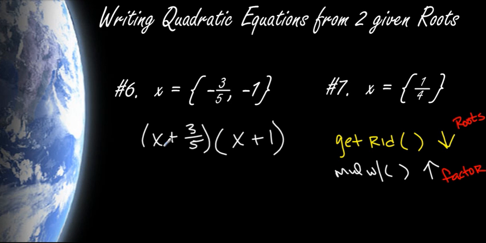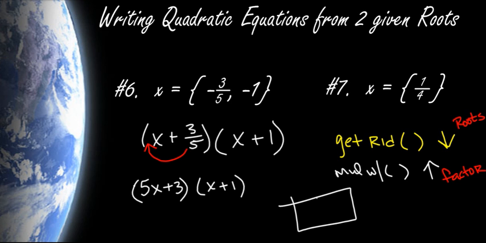So, I'm trying to multiply this out. In order to do that, I need to multiply, so I'm going to put my bottom up. We end up with a 5x plus 3 times an x plus 1.